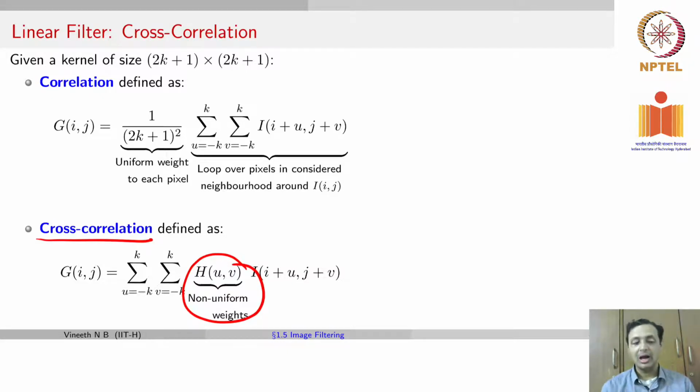If so, what value? And that value is given by h of u comma v. And this is called a cross correlation between h and I. This is one of the simplest operations. So we've only formalized the operation that we did on the earlier slide.